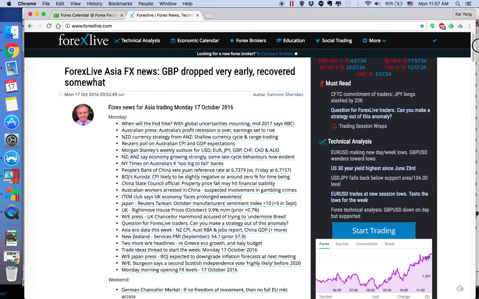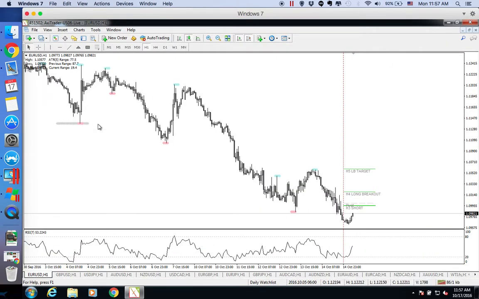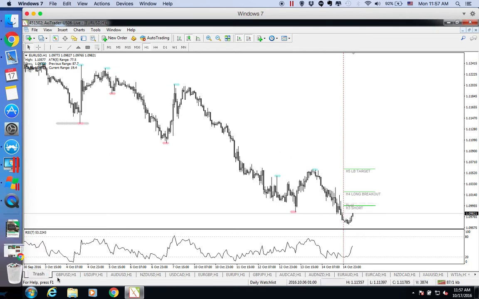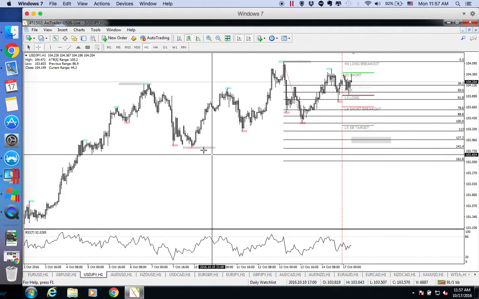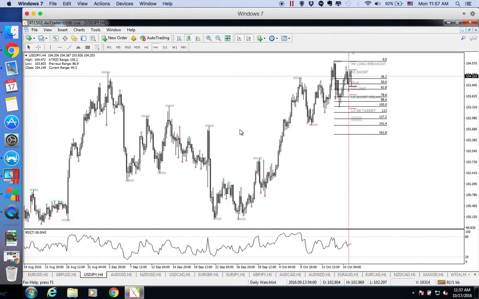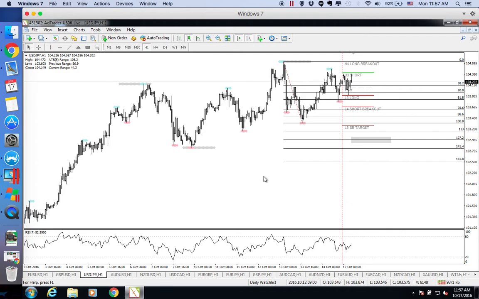So let's take a look into the chart itself. Euro dollar, you can see price is still moving lower. Nothing much in terms of our setup. USD yen, we do have a potential setup. On a higher time frame, price is still in an uptrend. H1 is pretty clear, it's still in an uptrend as well.